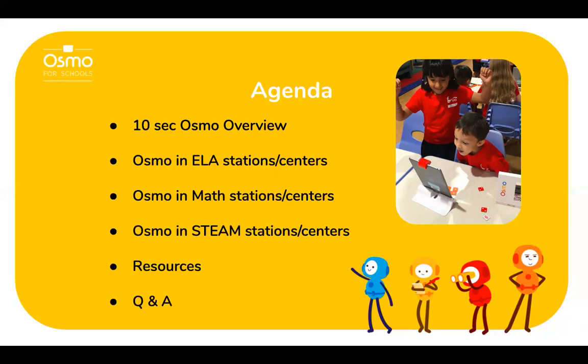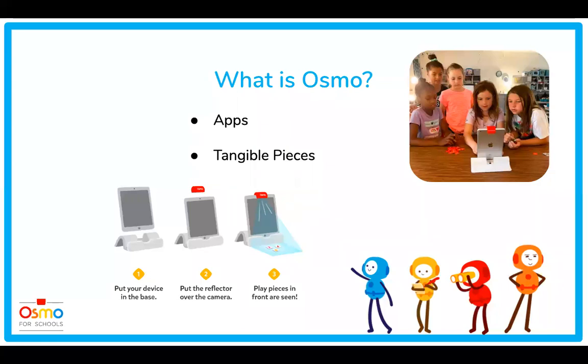Okay, let's dive in. So what is Osmo? Let's see if we can take an entire webinar's worth of material and boil it down to 10 seconds. Here we go. Osmo is a collection of educational apps, and they focus on certain skill sets, and then there's physical manipulatives that go along with each app. The apps of Osmo are each equipped with Osmo's patented reflective artificial intelligence, and that's what makes the magic possible.